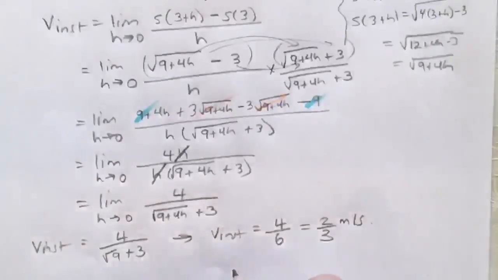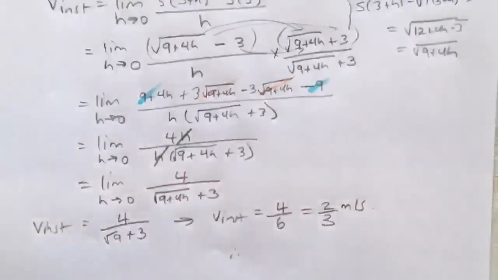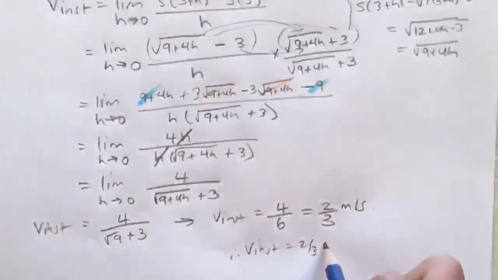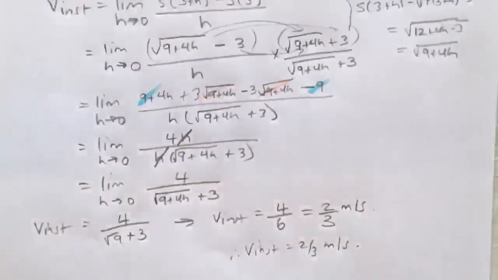So therefore v instantaneous is 2/3 meters per second. So that means at 3 seconds, the velocity right at that instant is 2/3 meters per second.